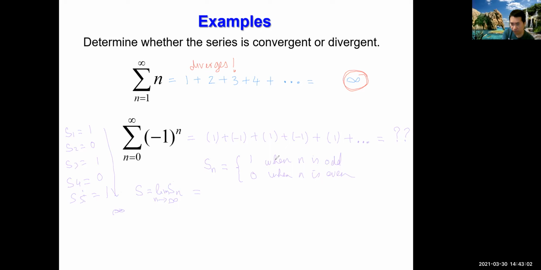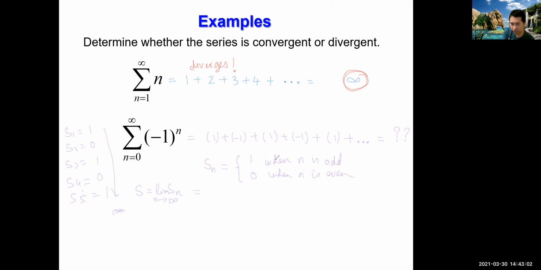Since the numerator and denominator have the same degree, the ratio of the leading coefficients will be the answer. In this case, 3/5. Since the limit is 3/5, it's not 0. The series diverges. See, that's pretty quick.